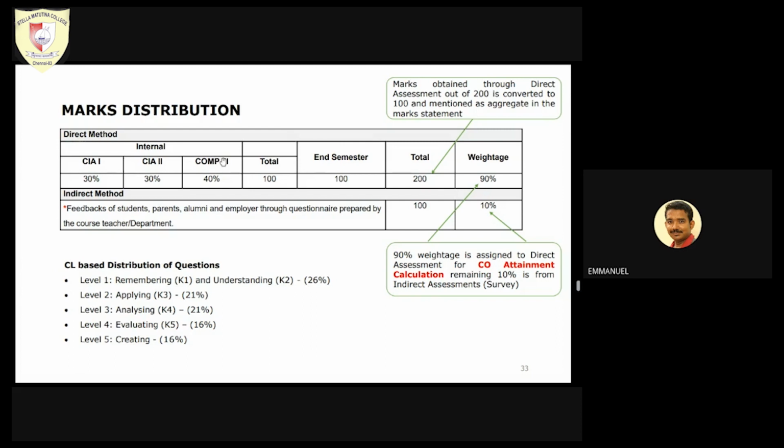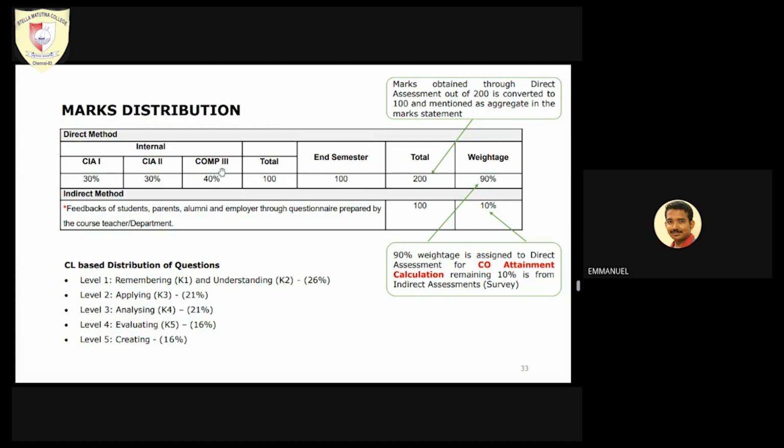As an autonomous college, the college has given autonomy to every faculty to create his or her own model to break up this component 3, that is, this 40 marks, into any number of components and methodologies like seminars, assignments, MCQ tests, quizzes or viva voce, anything. There is no restriction for categorizing this component 3.